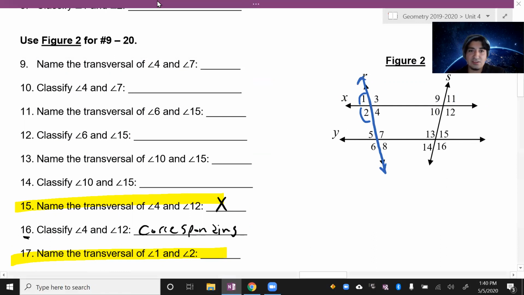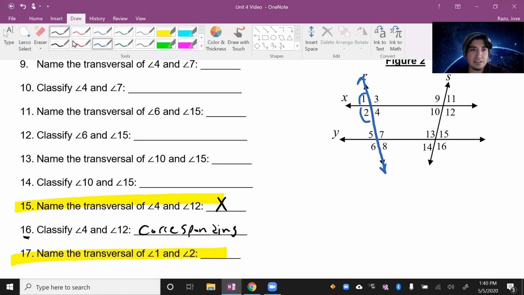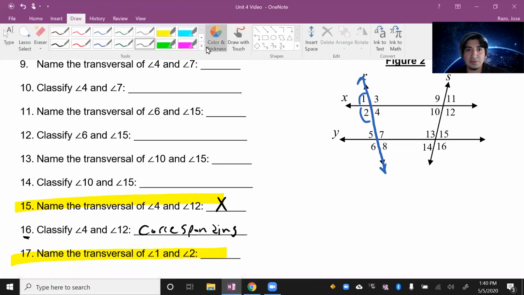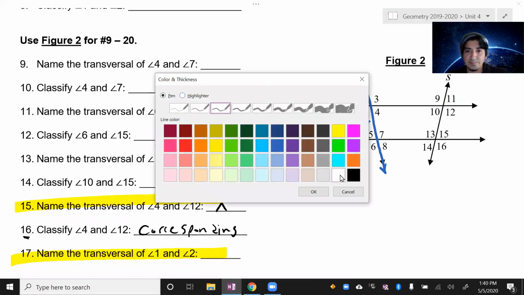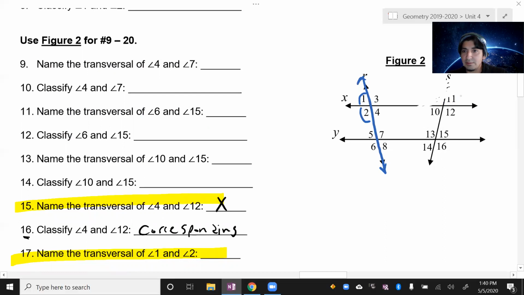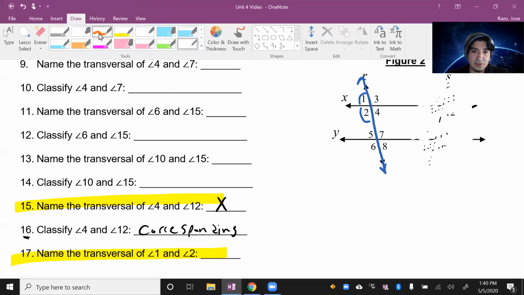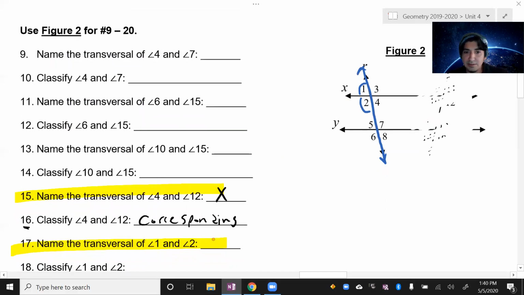Let me get rid of these cases because we're not worried about those, so we don't get confused. Now, that's my transversal line, and these two happen to cut through it, okay? So that makes my transversal letter R in this case. So right here, that's my transversal that connects them both.